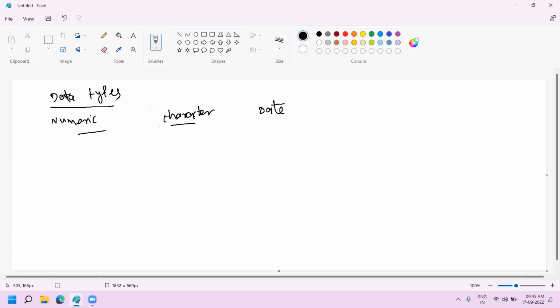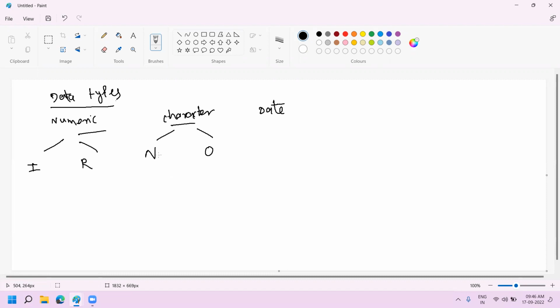Now, this can be broken again into different categories. Character has 2 separate categories, and numeric has 2 separate categories. What are they? For characters, we call this NO, and for numbers, IR.